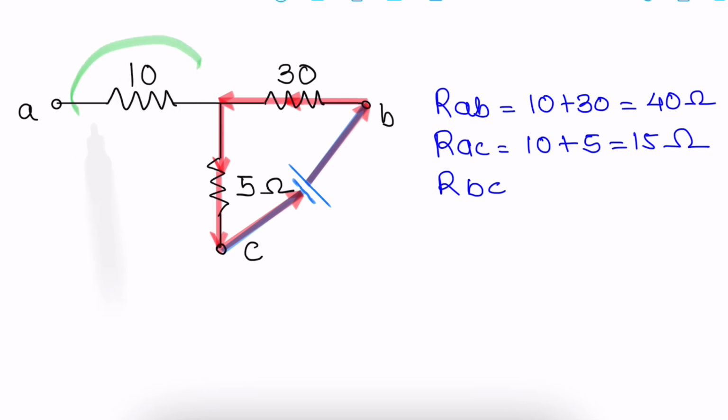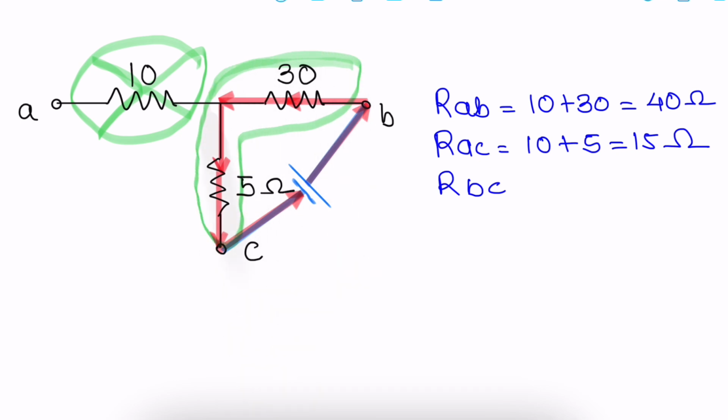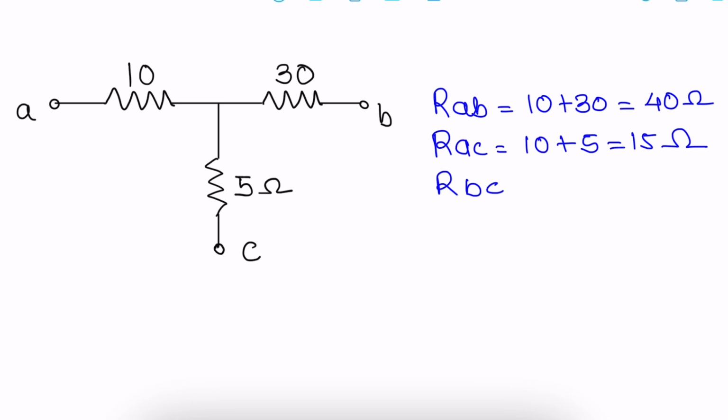Once again, there is no current in the 10 ohm component, so that will not play any part. And the amount of current flowing through 5 and 30 remains the same, so they are in series. RBC equals 30 plus 5, which is 35 ohms.